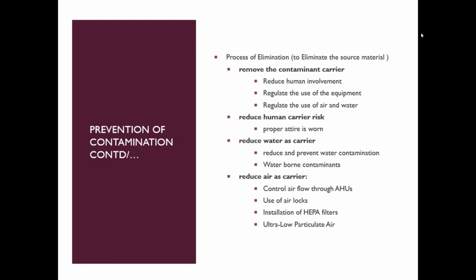Reduce water as a carrier, so water can contain microbes, and waterborne contaminants can be introduced by using water in your process. Reduce air as a carrier, so control your airflow through your air handling units. Use of airlocks is important then between areas. Installation of HEPA filters and ultra-low particulate air will control any dust coming into the area.